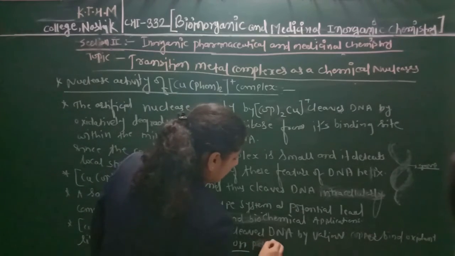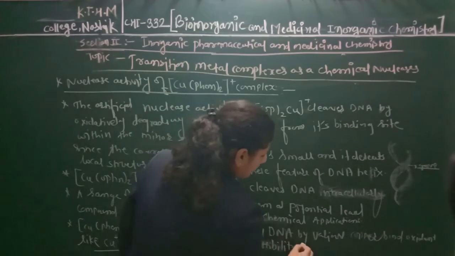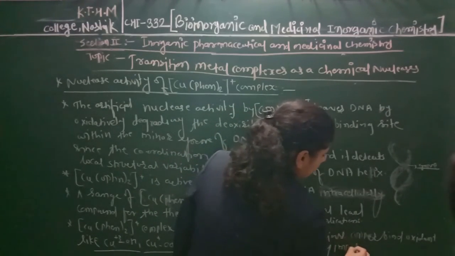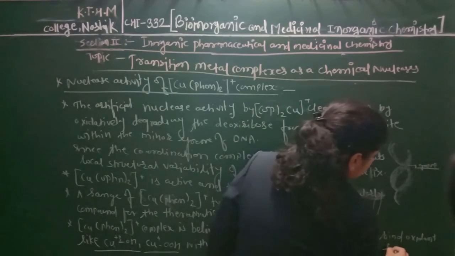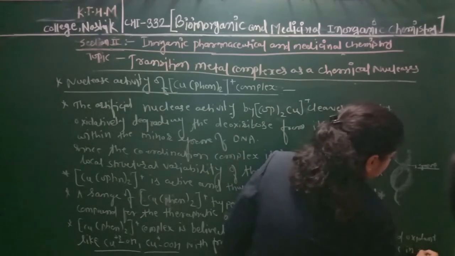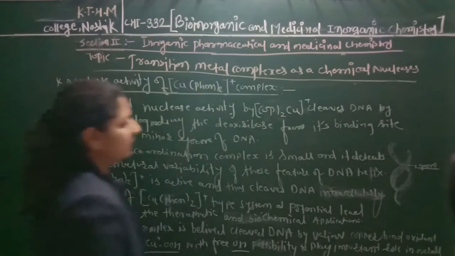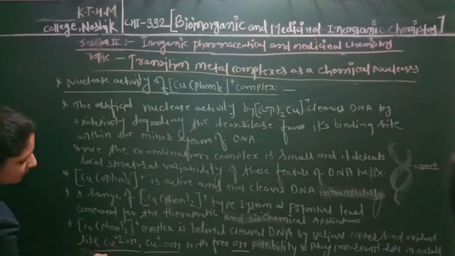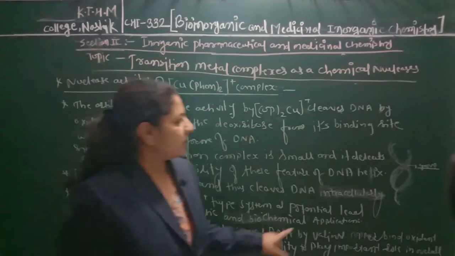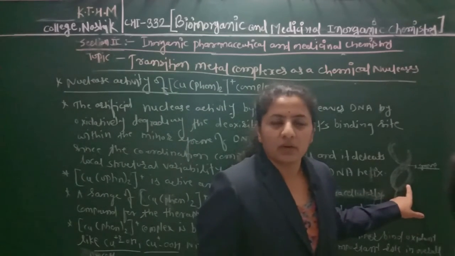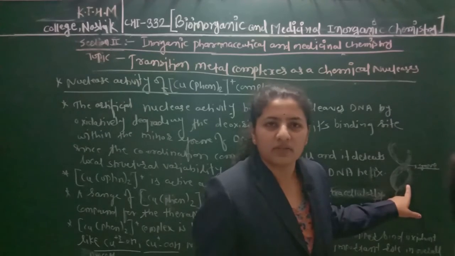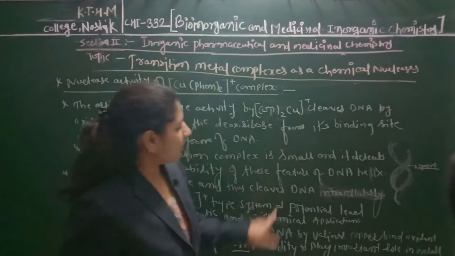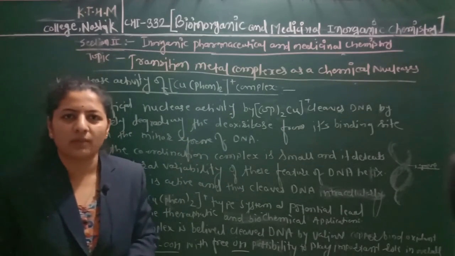Free OH is possibly playing an important role in the overall process. The interaction of copper phenanthroline complexes with the DNA strand is generally done by this OH free radical. So these are all about the activity of the copper phenanthroline complexes.